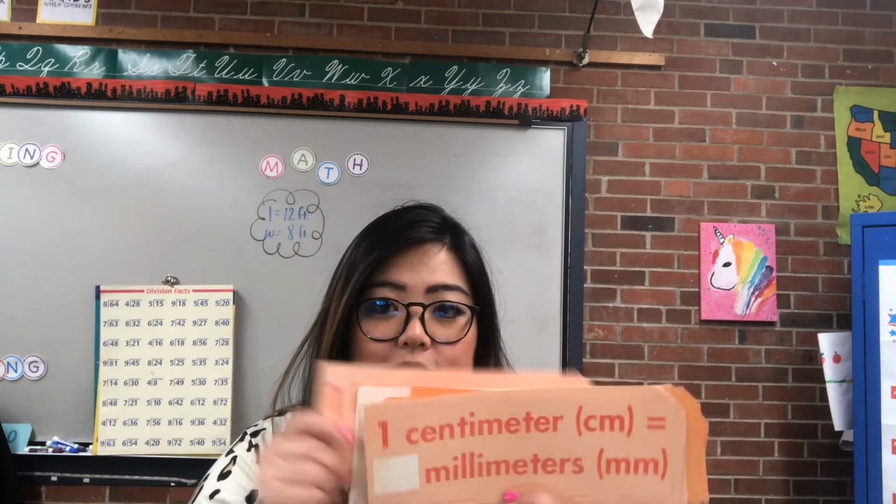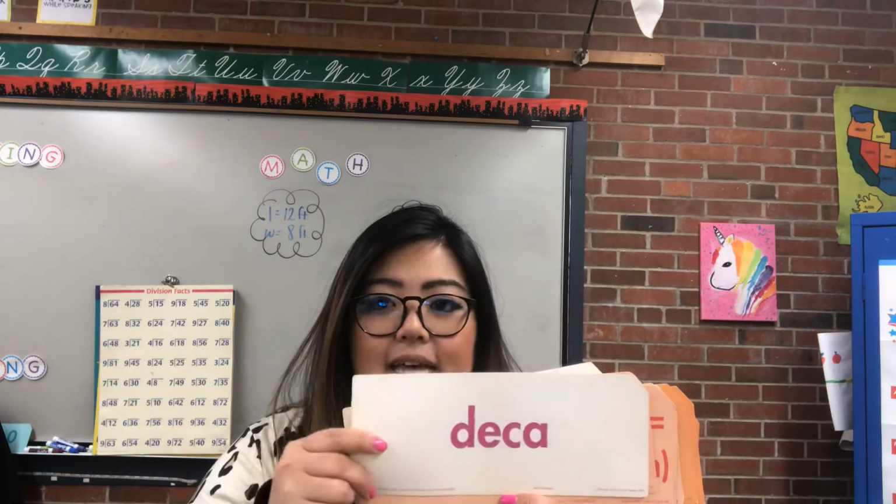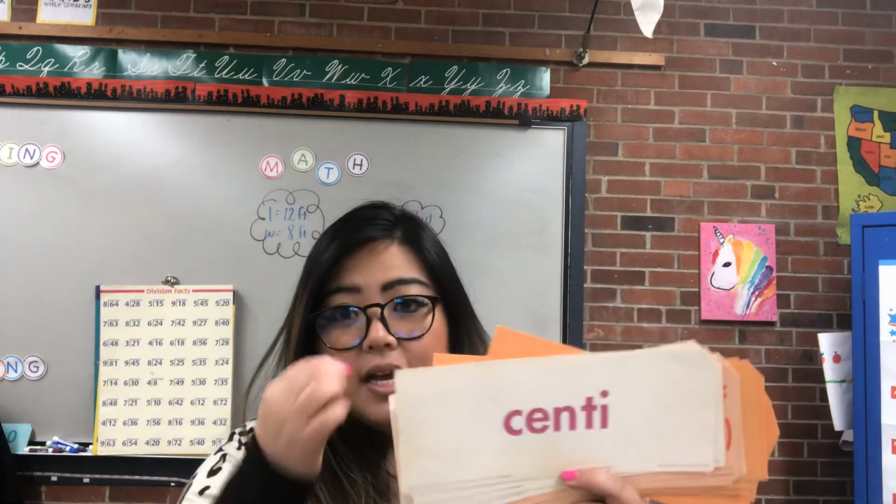This is 100. C to M is just 10, and kilo is 1,000. All right, deca, this is 10. Deci, 1/10 or 0.1. Centi is 1/100th or 0.01. Milli is 1/1000th or 0.001. 100, 1,000. All right, I hope you guys know those.